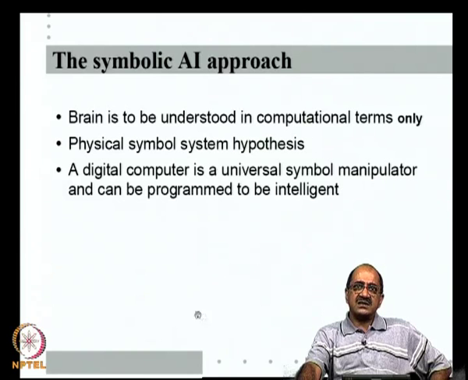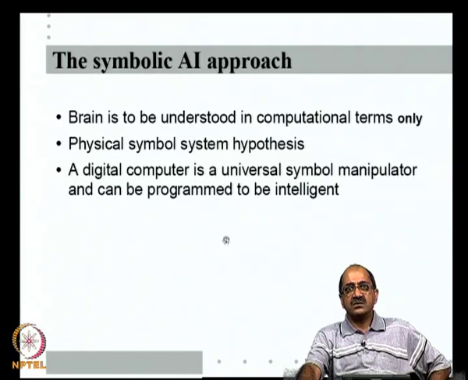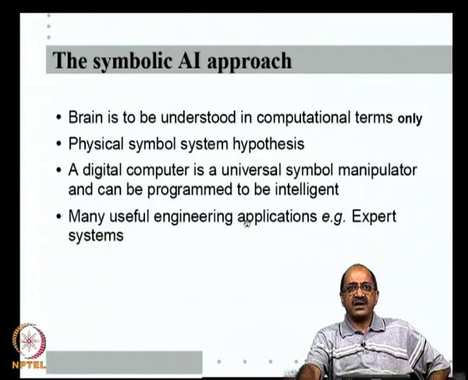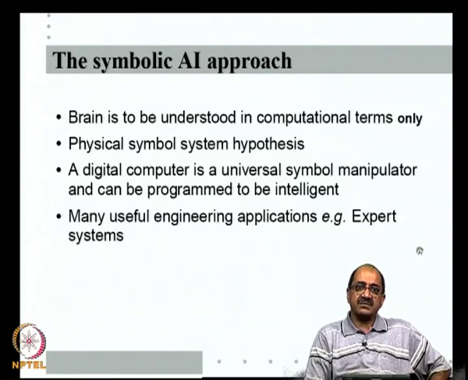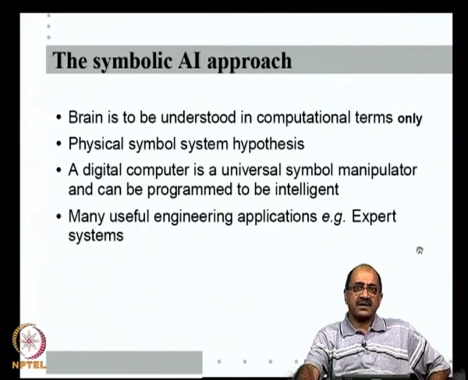As long as the system has the capability to manipulate abstract symbols, it is capable of intelligent behavior. So, we have to just figure out how to understand any intelligent behavior in computational terms, so that we can program it in a digital computer. This is the basic symbolic AI approach. Of course, it has given rise to a lot of interesting applications, expert systems, chess playing programs, all of them come out of this symbolic AI approach.